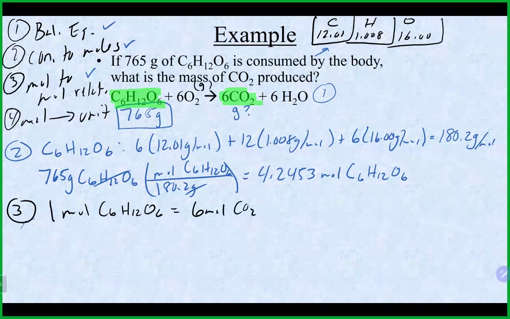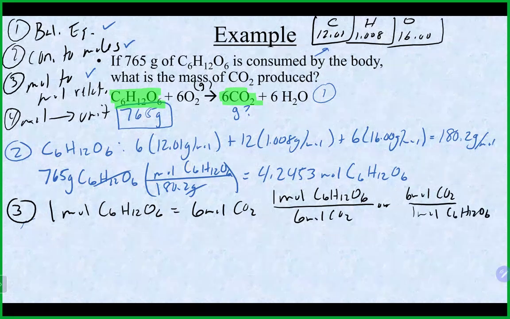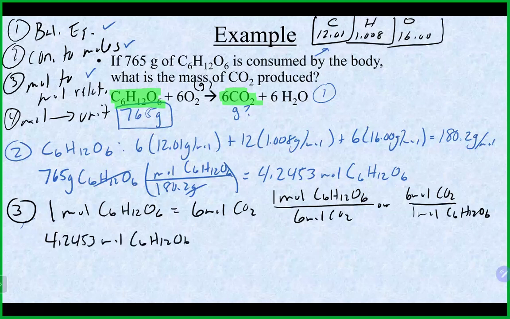Once again, that opens up two conversion factors you could use. You could use this over the 6 moles of CO2, or you can flip it around and put the 6 moles of CO2 up on top and the 1 mole of the C6H12O6. So taking our number from above, 4.2453 moles of C6H12O6. Once again, opposites are going to cancel, so we want the one where it's on the bottom.